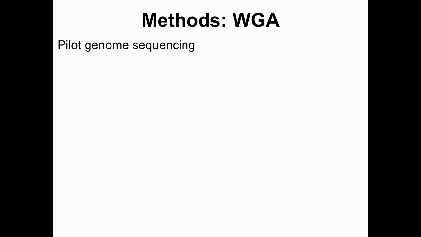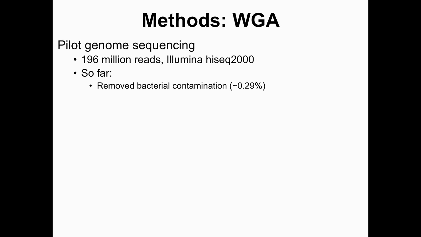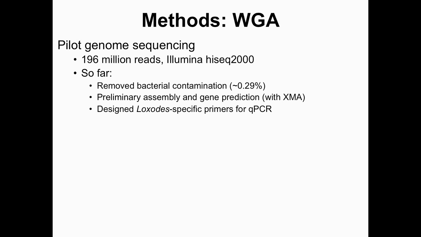From our phylogenomic sequencing, we get 196 million reads and throw out 0.29% bacterial contamination. With Xeris, we did preliminary assembly and gene prediction, and from there I designed Loxodes-specific primers for qPCR.